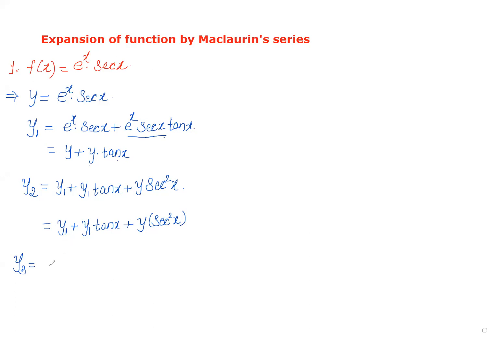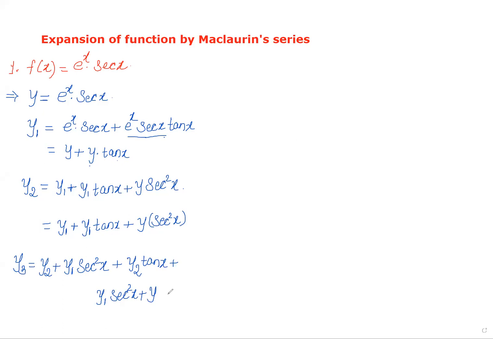derivative of y1, y2, plus y1 as it is, derivative of tan x, it is sec square x, plus derivative of y1, it is y2 into tan x, plus derivative of y, that is y1 into sec square x as it is, plus y as it is, derivative of sec square x.